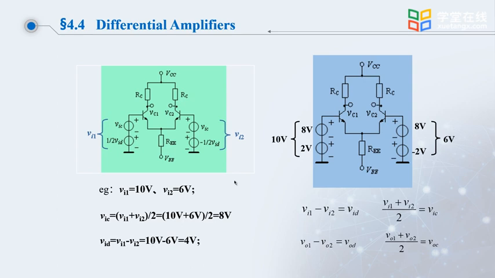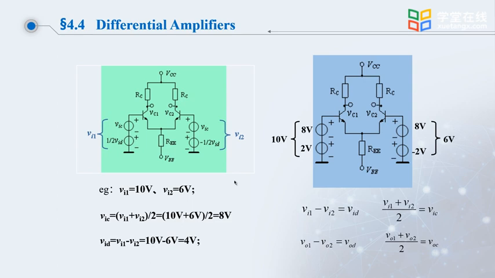In this way, two arbitrary signals can be expressed as a pair of common mode signals plus a pair of differential mode signals. The same is true at the output. For each single-ended output, the difference between the two output signals VO1 and VO2 is called the differential mode output signal.